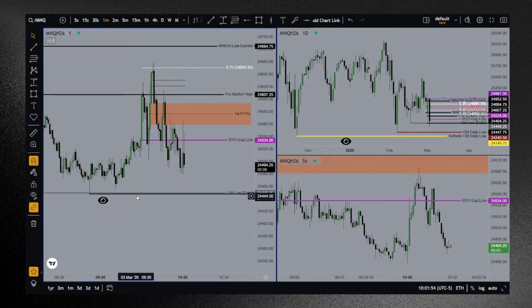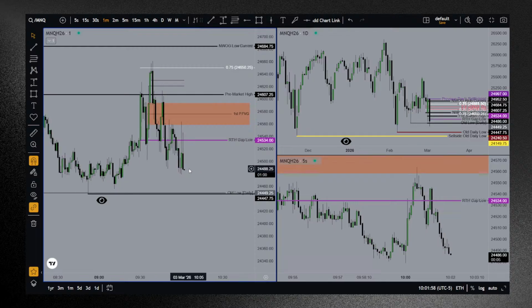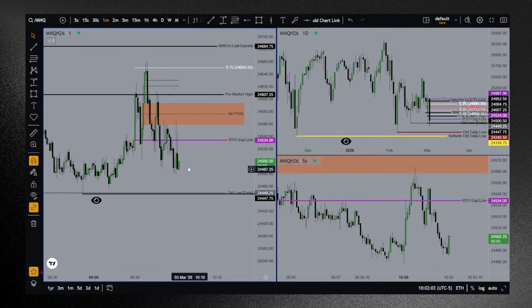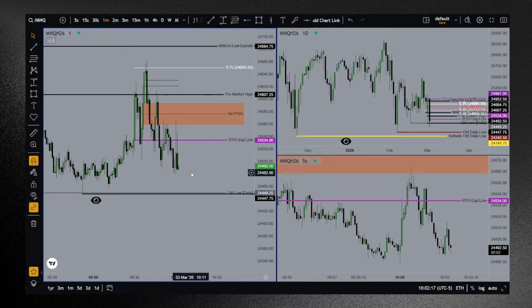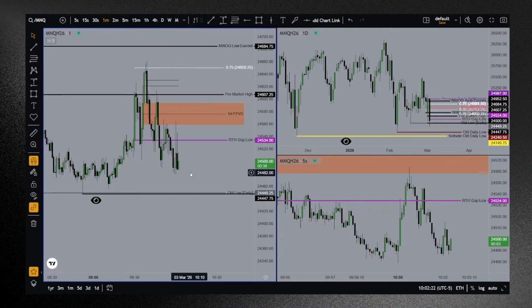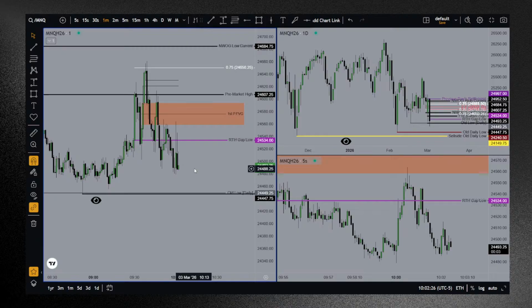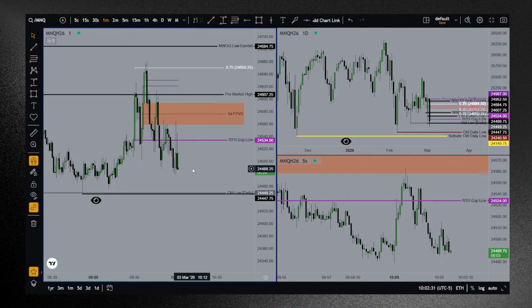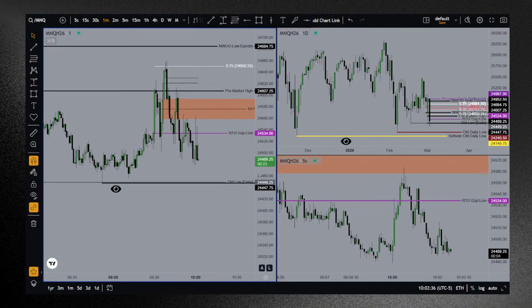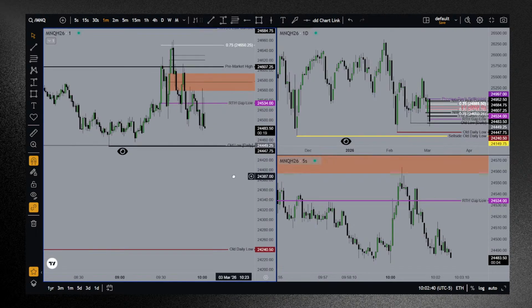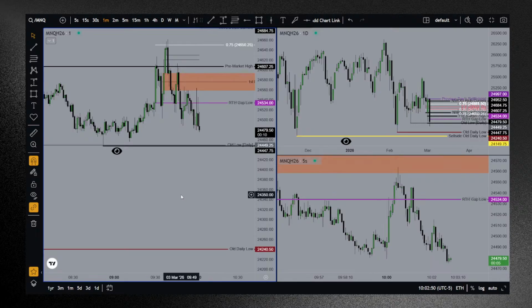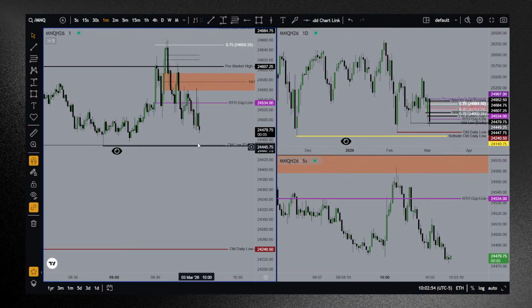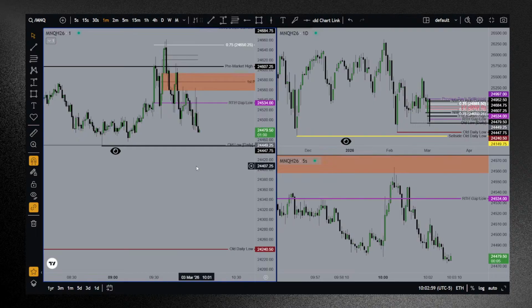And the sell side here is way too obvious to stay at this point. Very, very reluctant price action here.